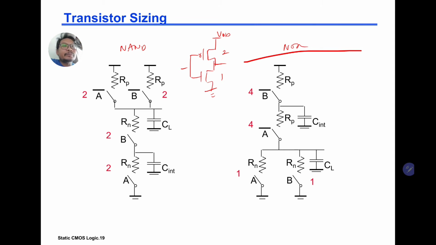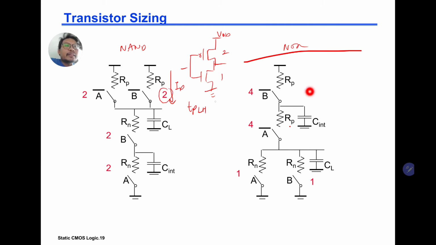So for TPLH, the worst case is charging through one transistor, and here the size is size 2.